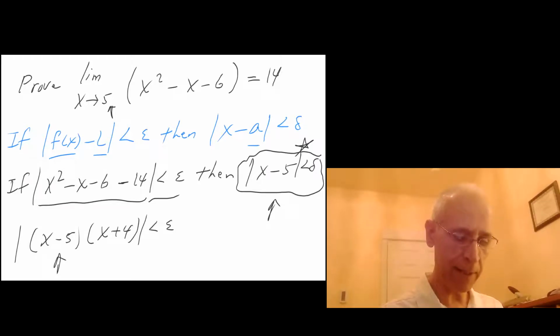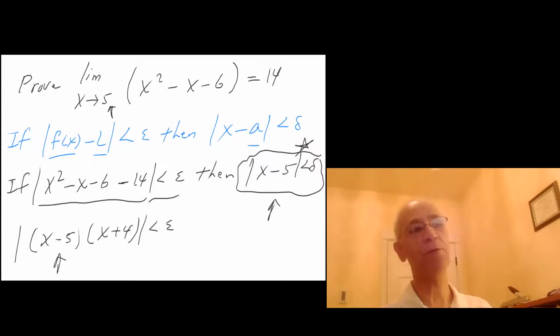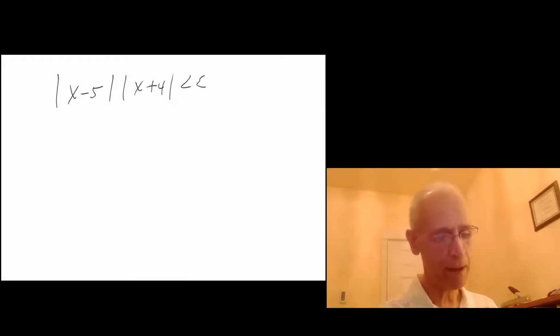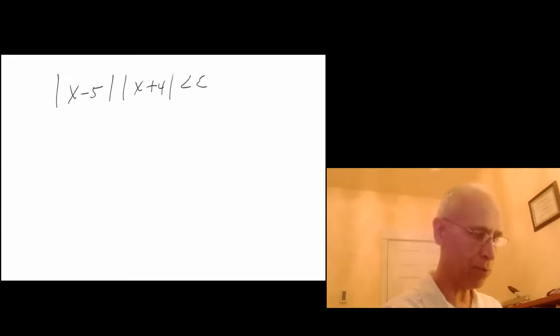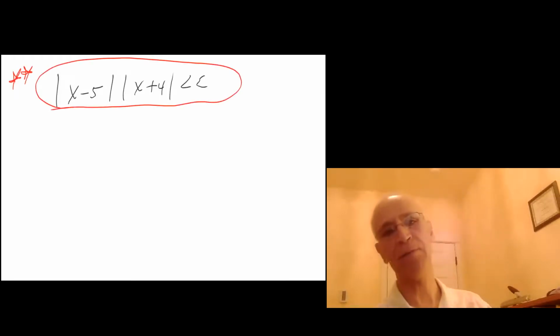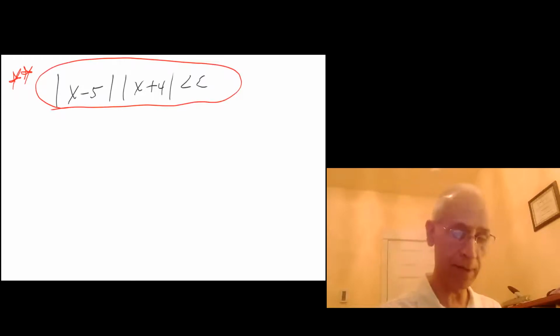Now I can separate the x minus 5 times x plus 4 because I have a product inside the absolute value. So I can rewrite that as the absolute value of x minus 5 times the absolute value of x plus 4 smaller than epsilon. And I'm going to put two stars by this, star, star, because I will refer back to this part really soon.